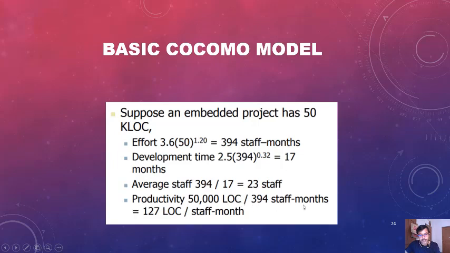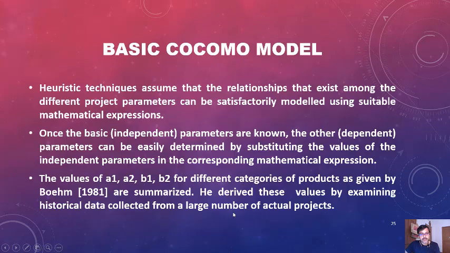The basic COCOMO model is actually a heuristic technique. It assumes that the relationship among the different project parameters can be satisfactorily modeled using suitable mathematical operations. The values of a1, a2, b1, b2 for different categories of products, as given by Boehm, are summarized. Boehm derived these values by examining historical data collected from a large number of actual projects.